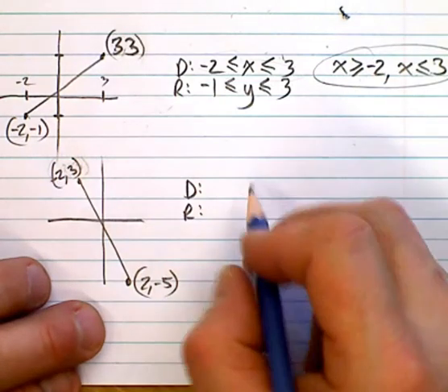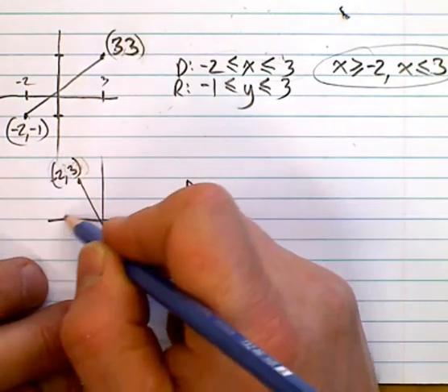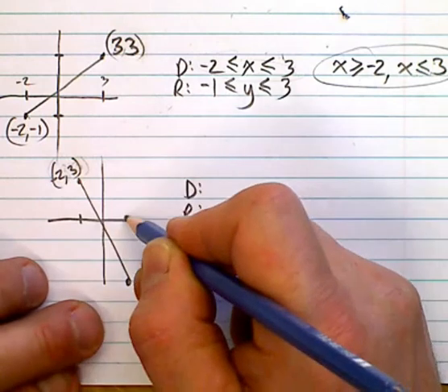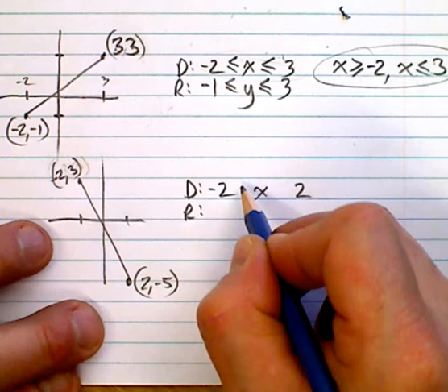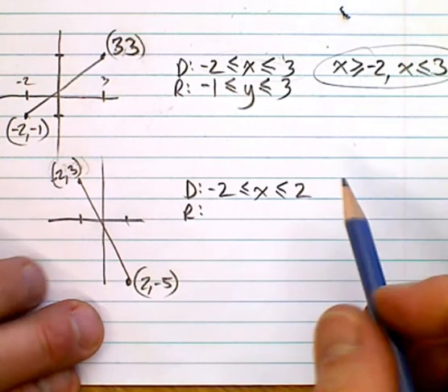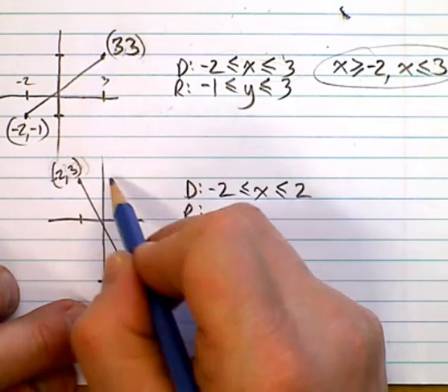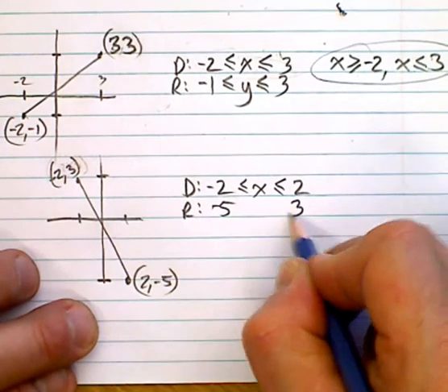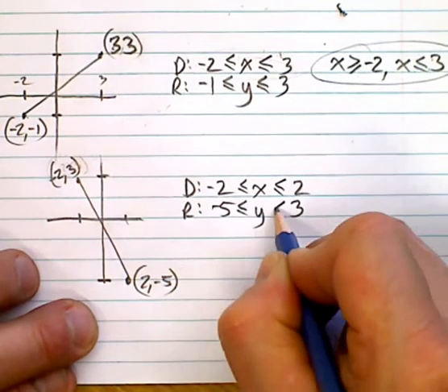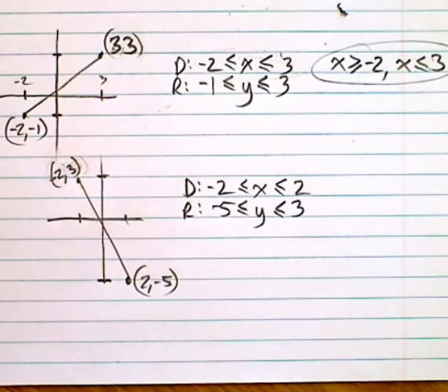Okay, so x's go from here to here, from -2 to 2. X in the middle. Range goes from here to here, from -5 to 3. -5 to 3, y in the middle. Okay?